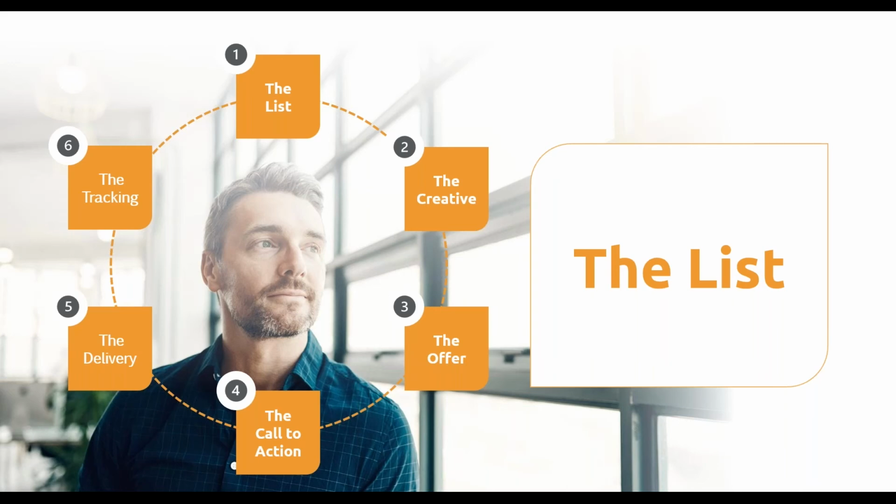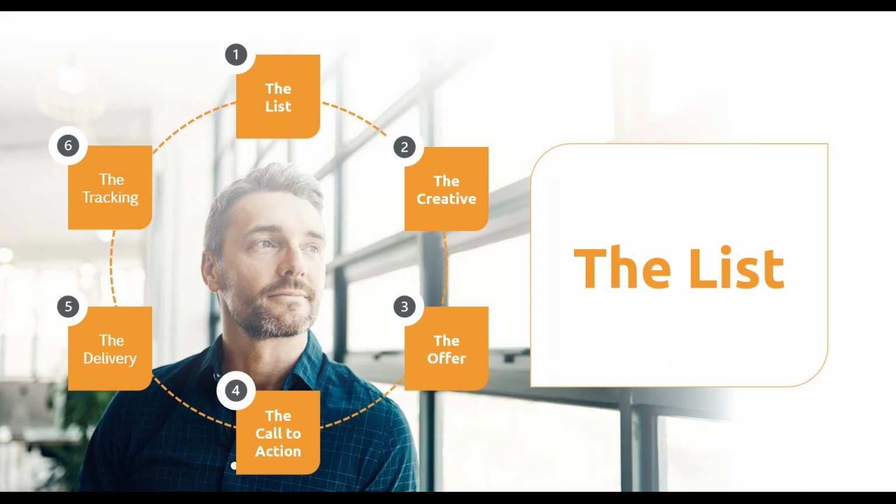So we're going to be talking about 6 different things. First, the list, then the creative, followed by the offer and the call to action, then the delivery, and lastly, the tracking. So let's go ahead and start with the list.